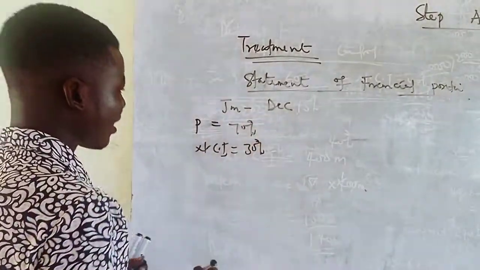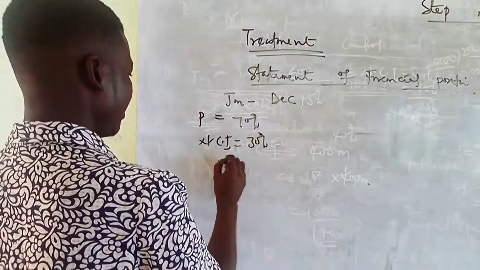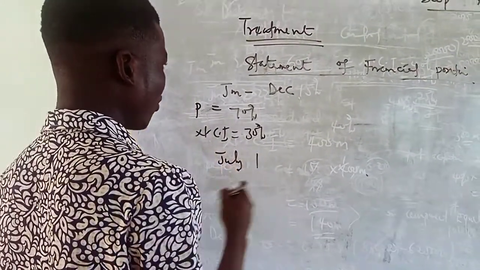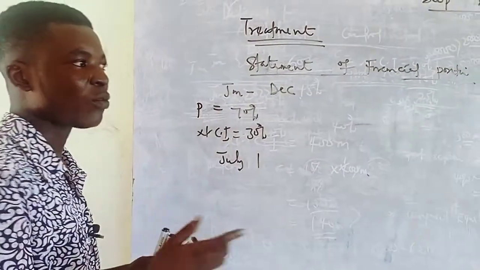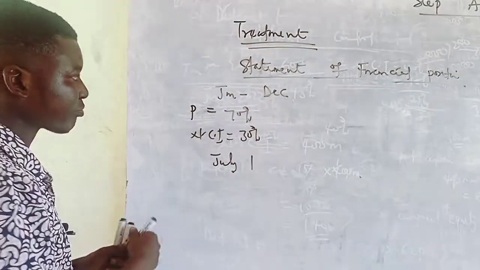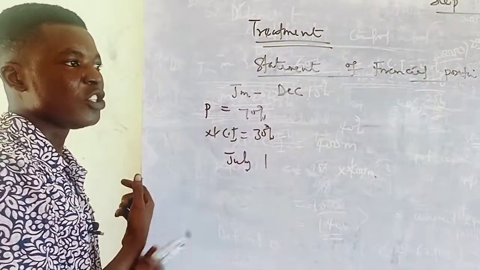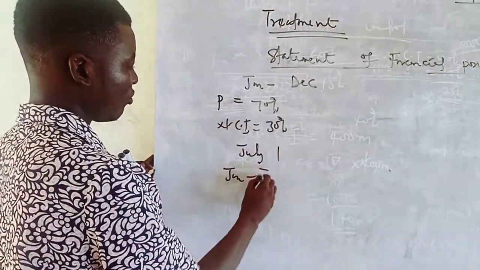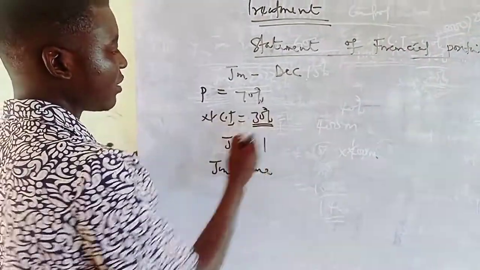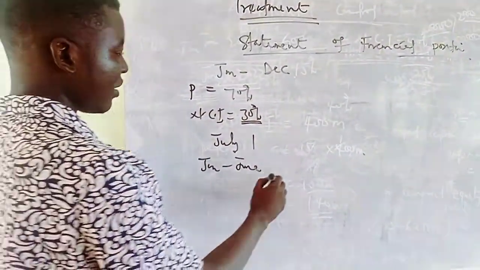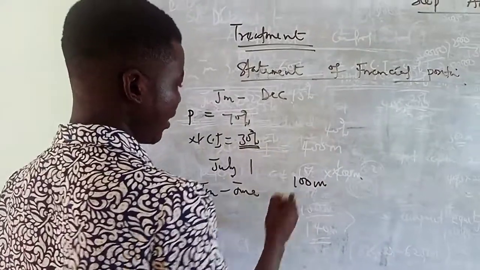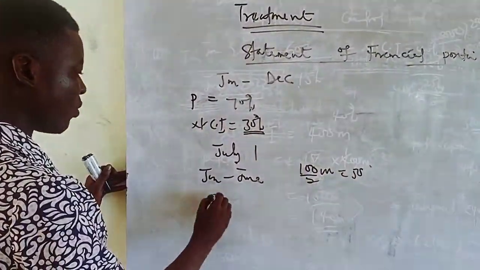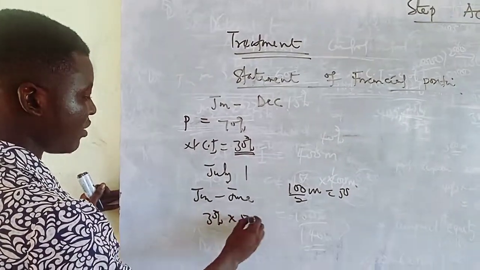So assuming the additional shares were acquired on July 1, what will happen? It means that for the post-acquisition share of profits, the NCI will take January to June at a rate of 30%. So if the profit is 100 for the year, we divide it by 2, 50. For the first half, NCI will take 30% of the 50.